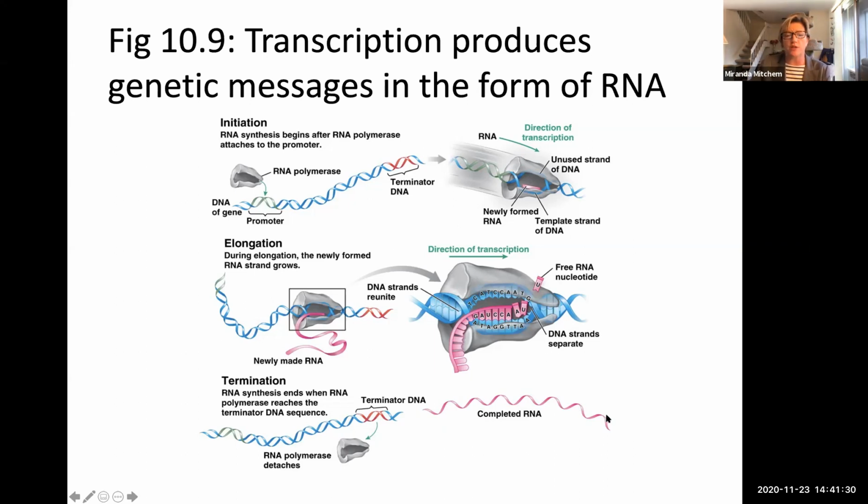This is transcription. It consists of initiation, elongation, and termination. Both the promoter and the terminator are sequences in the DNA template that allow the RNA polymerase to know where to work between. It fills in between.